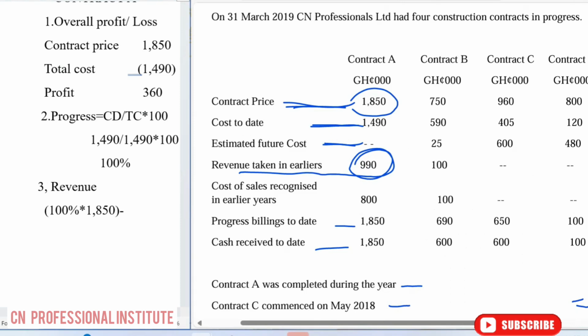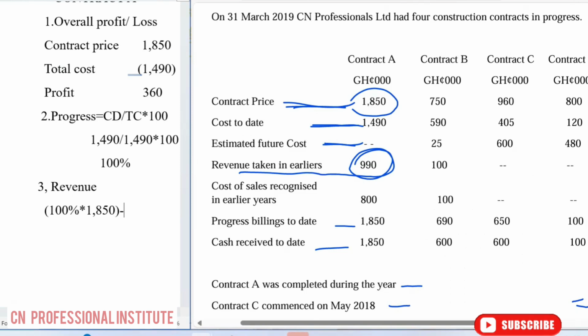Okay, the progress rate is cumulative. Are you following? If we make it 100% times the total contract price, we are going to get the same 1,850. If we don't deduct the previous revenue, it means we are going to record the whole 1,850 in only the last year. It means I'm going to record the whole amount in the last year.